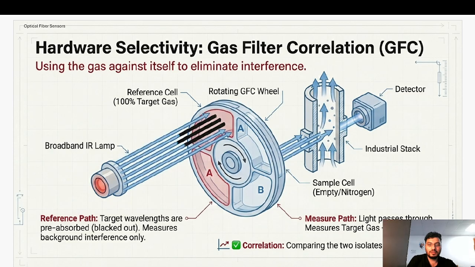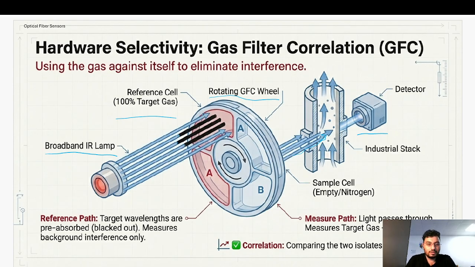Moving towards hardware selectivity, if you look at the gas filter correlation, GFC, the system has a broadband IR lamp, then a reference cell where the rotating GFC wheel is, and the filtered light propagates through the chamber and is then detected on the other side of the chamber.